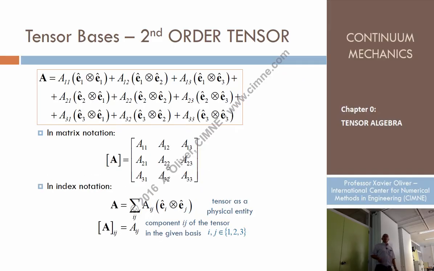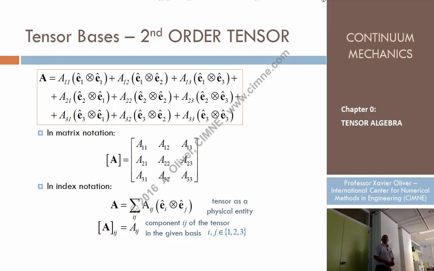So again, we can collect these coefficients in 9 groups: the ones that start with 1, the ones that start with 2, and the ones that start with 3. And what do I obtain? A matrix. The matrix of coefficients represents that tensor for this second-order tensor basis. If I changed E1, E2, E3, I would obtain a different second-order basis, and the components will be different.